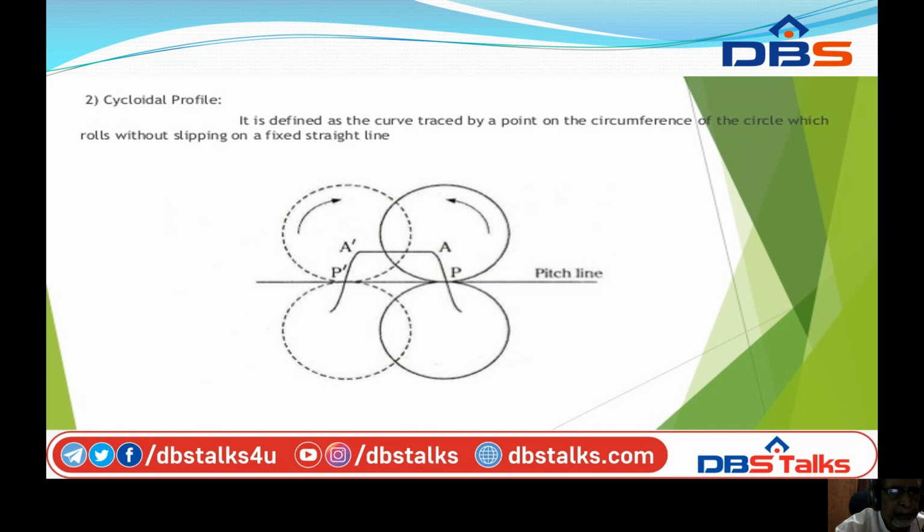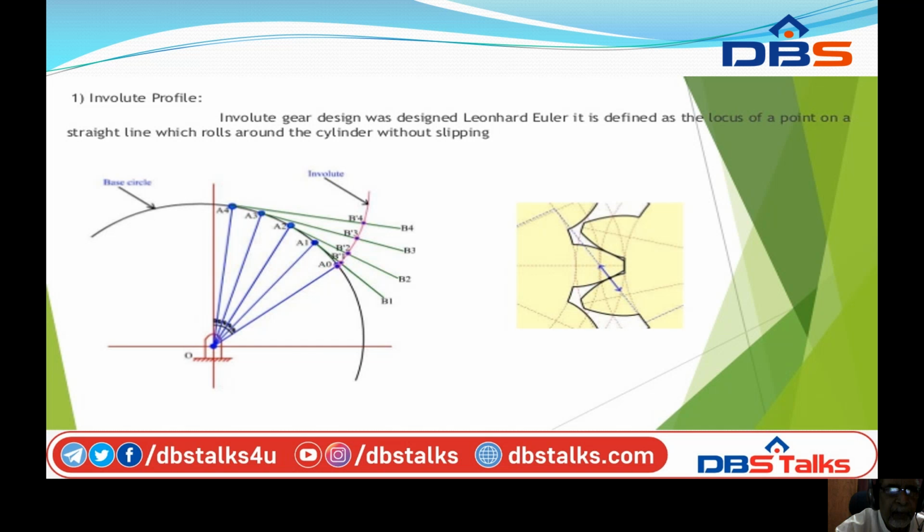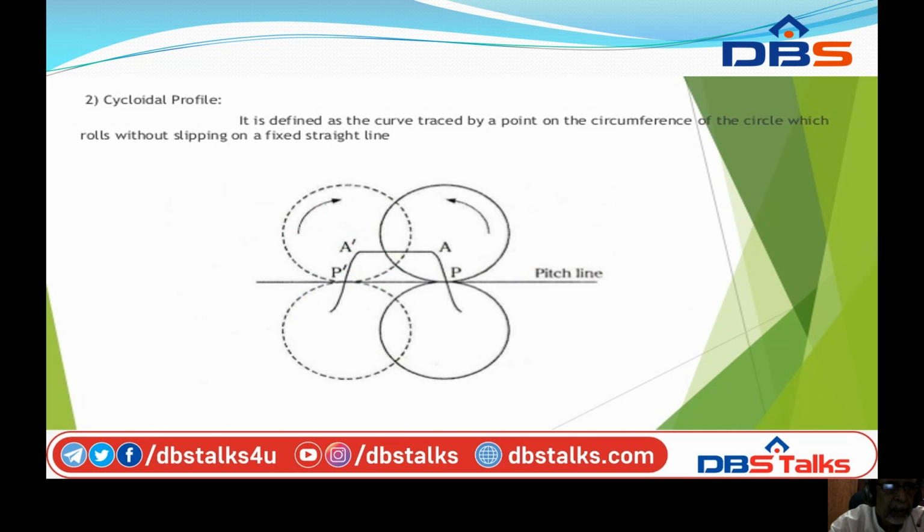Cycloidal profile. First we have seen the involute profile, and now we are seeing the cycloidal profile. Cycloid is defined as a curve traced by a point on the circumference of a circle which rolls without slipping on a straight line.